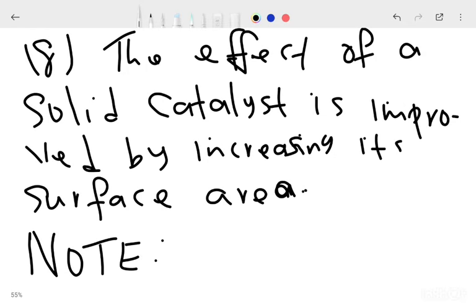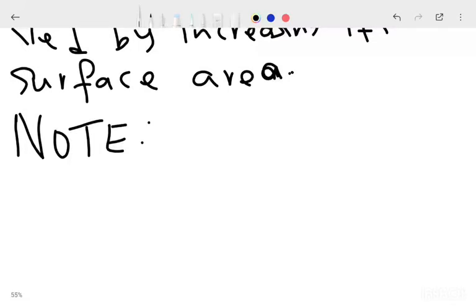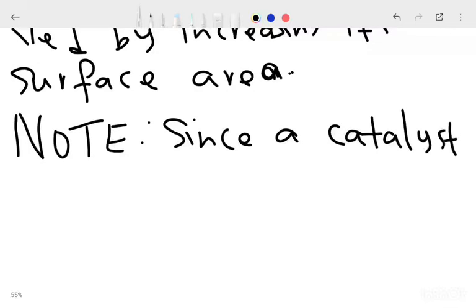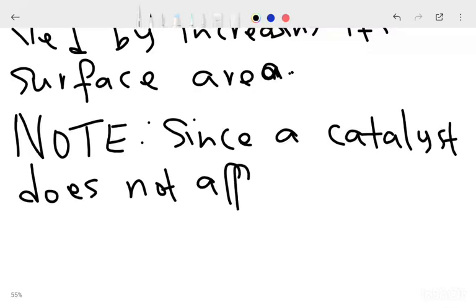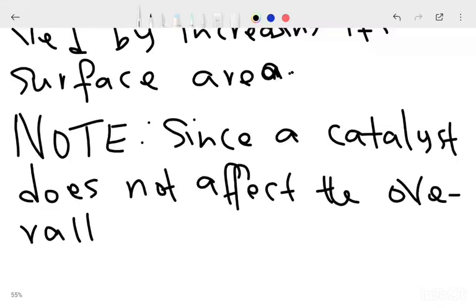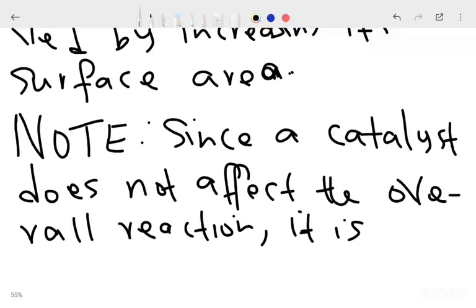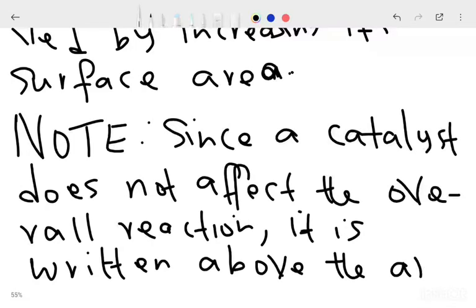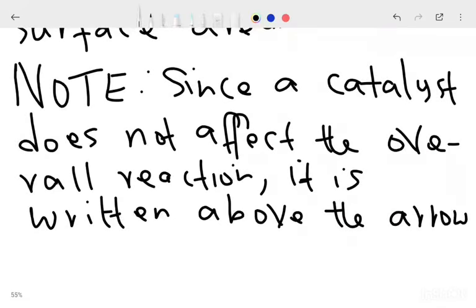Now this is an addition. Note: since a catalyst does not affect the overall reaction, it is written above the arrow in an equation.